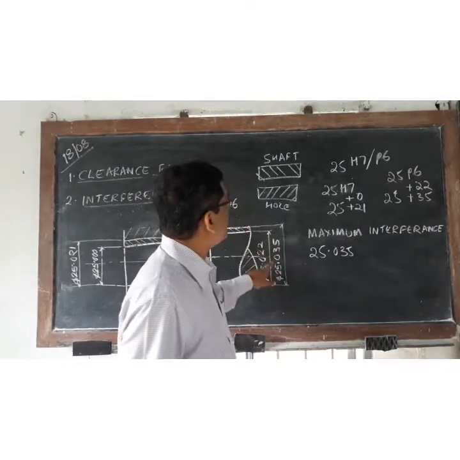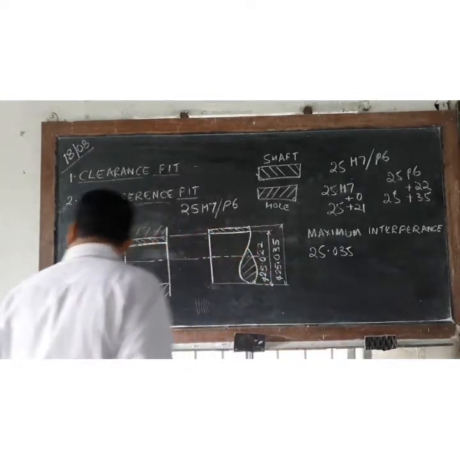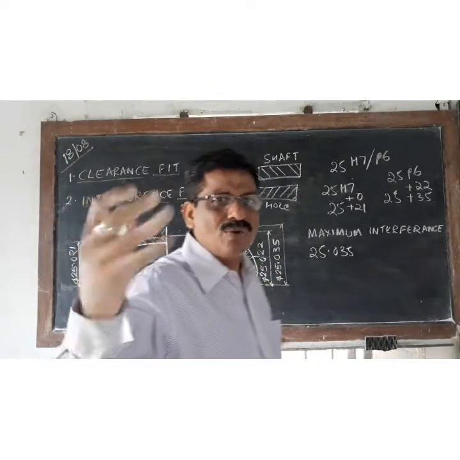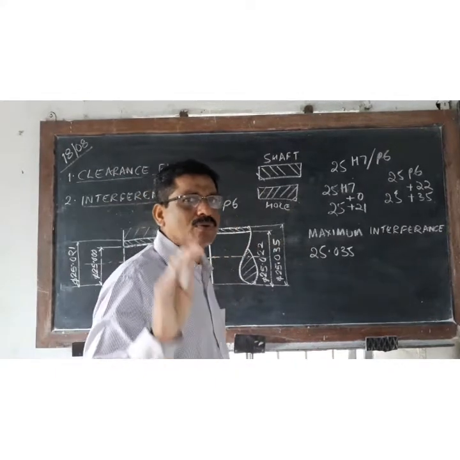Maximum of shaft 25.035. If you want, I'll write. Okay, that, in the notes I will send. You copy from that notes as it is, you will come to know.